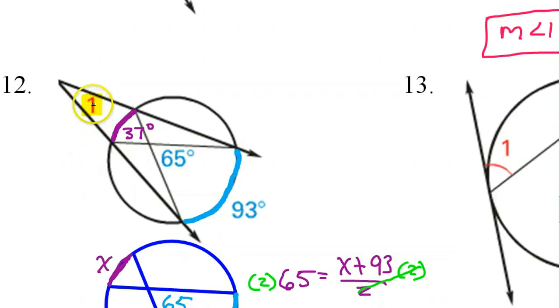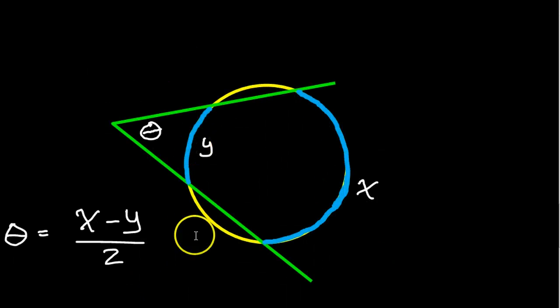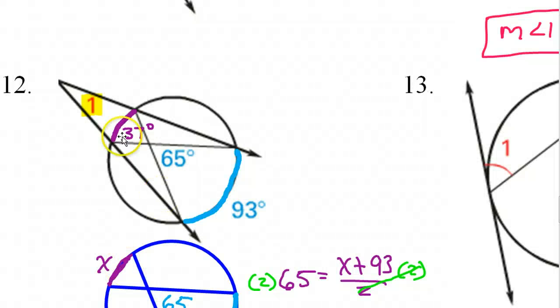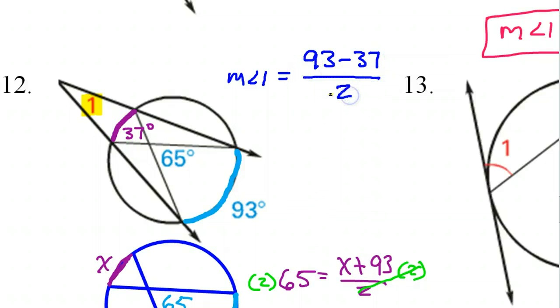Because to find this angle outside the circle, remember we were using this formula. The angle is equal to the big arc minus the small arc divided by 2. So now I have the big arc and the small arc, so I can actually do the problem. So I will say the measure of angle 1 is equal to the big arc minus the small arc that we just found divided by 2.